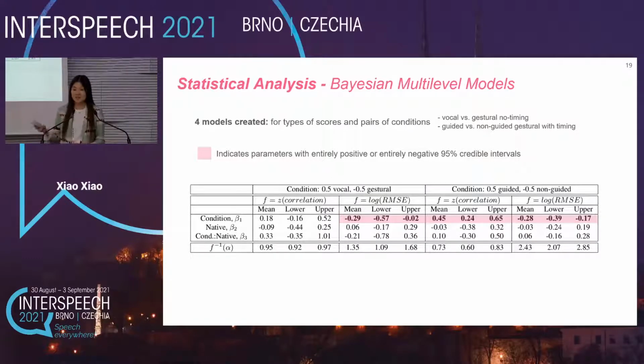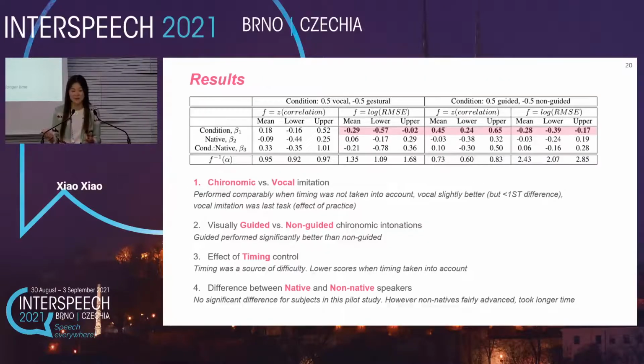Here are the posterior numbers from the Bayesian multi-level models, and what's in pink is significant. These are parameters with entirely positive or entirely negative 95% credible intervals. To explain what you're seeing with respect to the questions that were presented at first: when we look at vocal versus chironomic imitation, they performed comparably, which is similar to what the prior work reported.